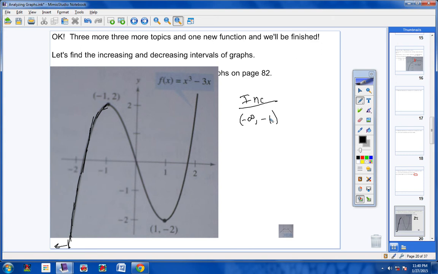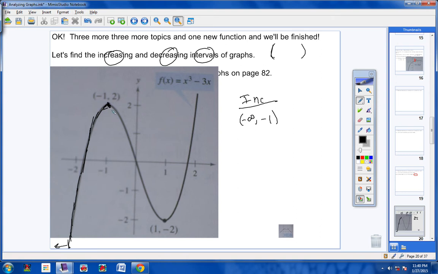There are no inclusive and non-inclusive. But you know why? Because who knows? At this point here, is the graph increasing or is it decreasing? It's nothing. That's the actual turning point. So we can't really call it inclusive for increasing, and we can't call it inclusive for decreasing. So when you're dealing with increasing and decreasing intervals, always use parentheses, no brackets. Please don't forget that. Okay, moving on.